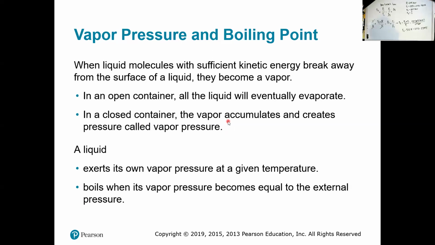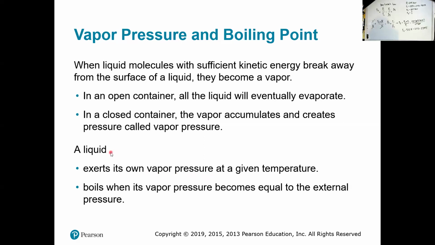Those particles are just going to move around and collide into things, and when they collide into the walls of the container, they're going to create pressure. We call that pressure specifically vapor pressure, because it's the pressure of the gas that's formed by a liquid when it's sitting above its own liquid. A liquid is going to exert its own vapor pressure at a given temperature.